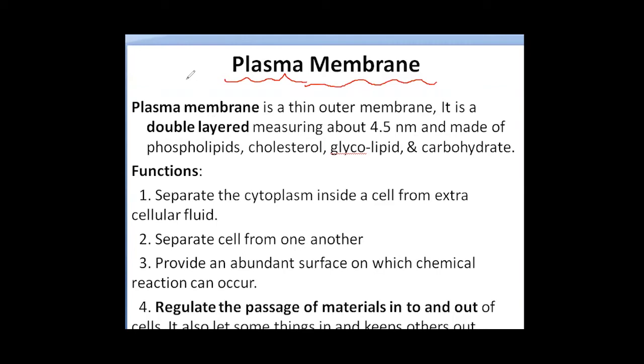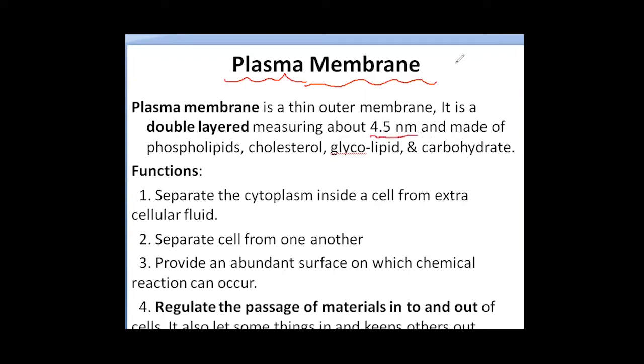And certainly the plasma membrane is even smaller. We say that's 0.5 nanometer.